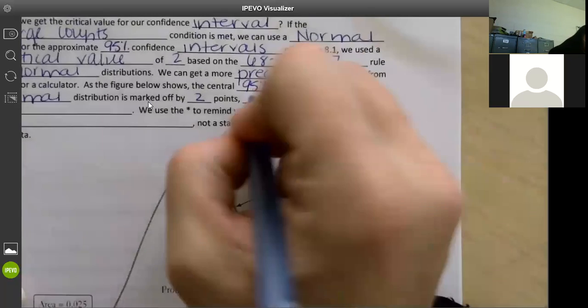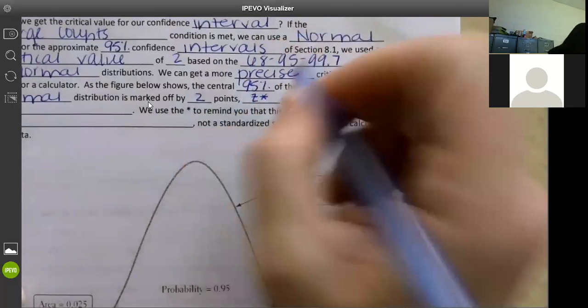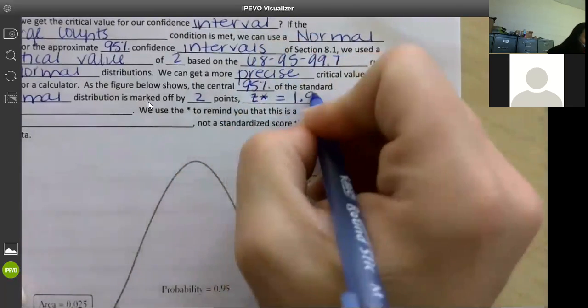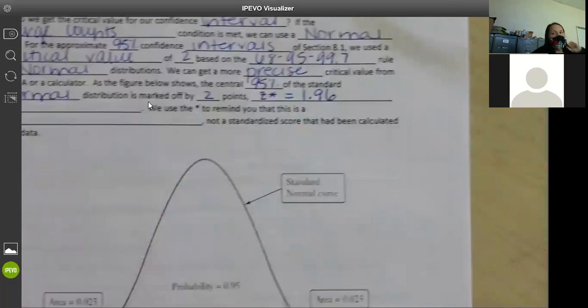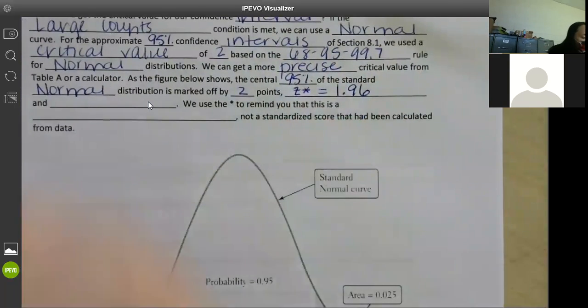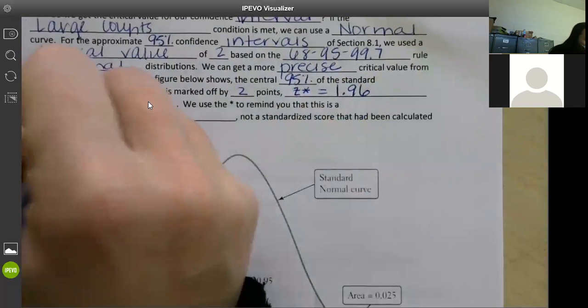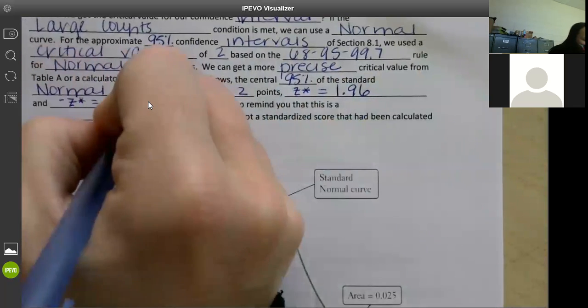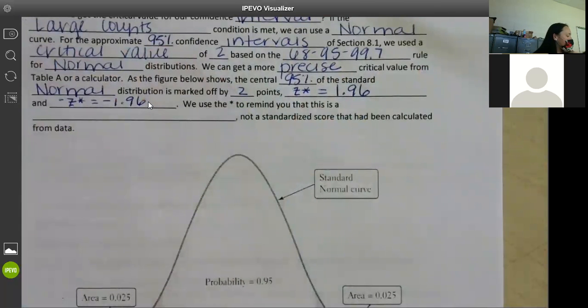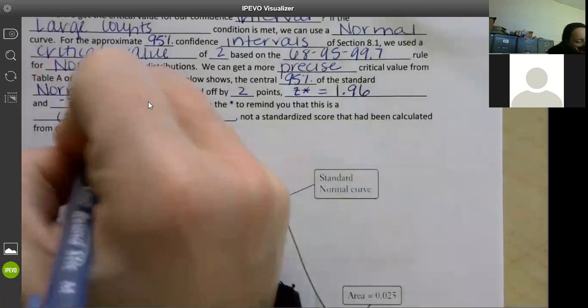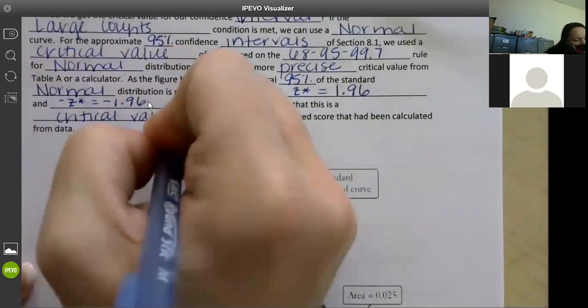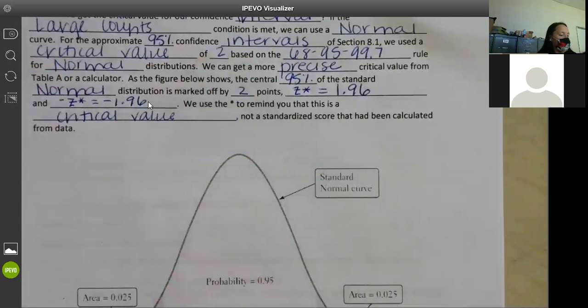Regardless, the Z star, and that's what you call it, is 1.96. Negative Z star is negative 1.96. We use the star to remind you that this is a critical value and not a standardized score that had been calculated from data. So it's not the Z stuff that you did on your pre-response.